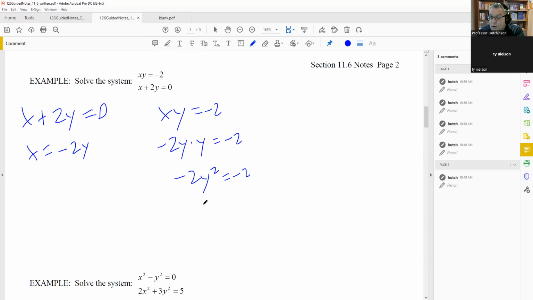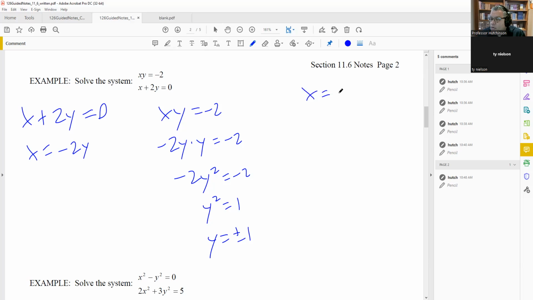And so then I can divide both sides by -2 to get y squared equals 1. But then I want to take the square root of both sides. So when you do that, you get plus or minus 1. All right, now we need to find the corresponding x values that go along with these.